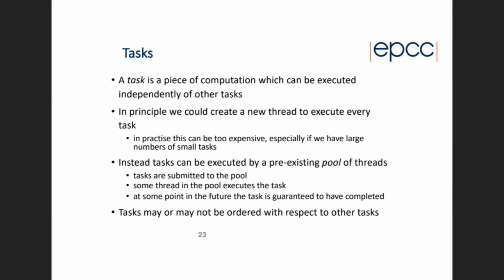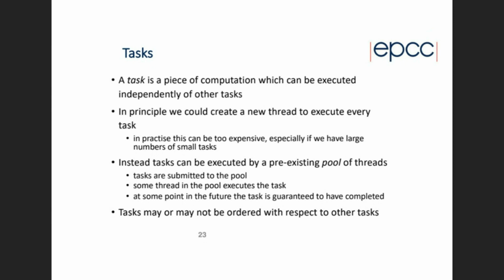But in practice, that ends up being too expensive because creating threads comes with some cost. Especially if our program naturally has large numbers of small tasks which don't take very long to execute, then creating a thread for every task would be way too expensive.